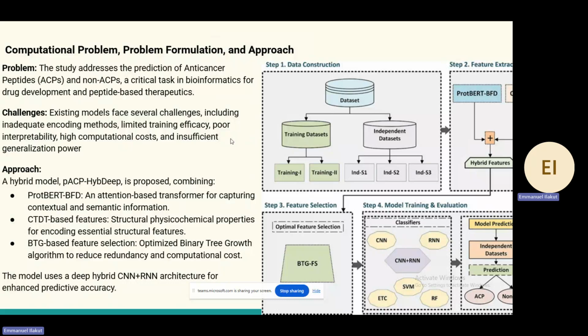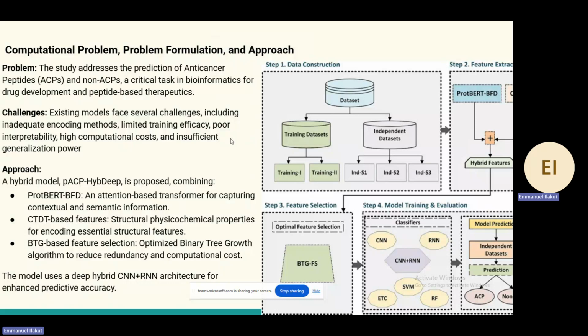And then we also bring in the composition, transition, and distribution techniques, which is used to combine different small components and to get meaning for our peptides or for the relationships between the peptides. That is at the point of doing feature extraction.